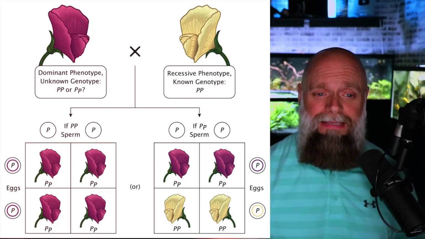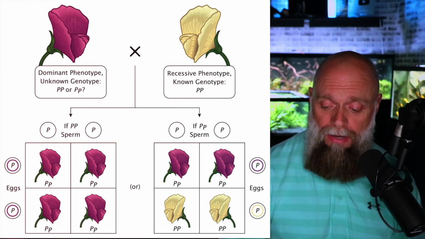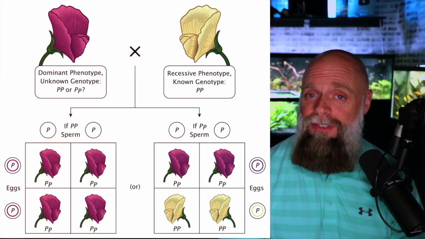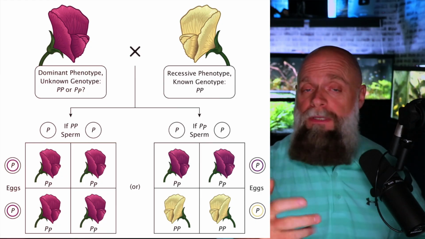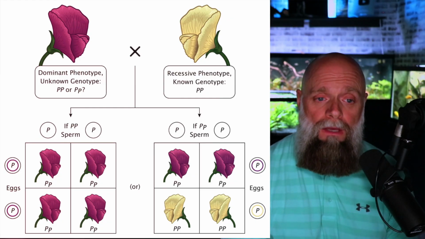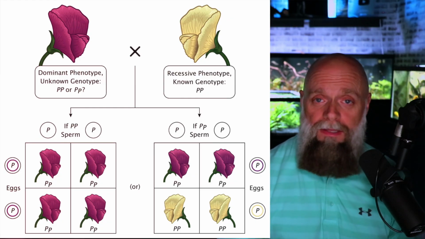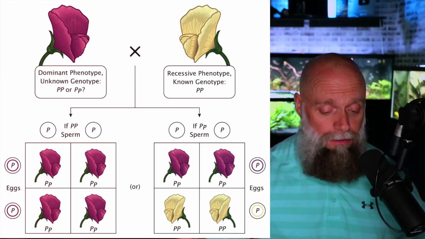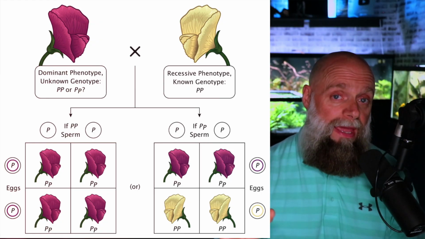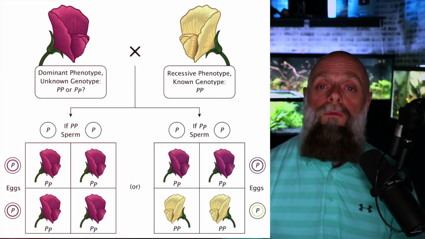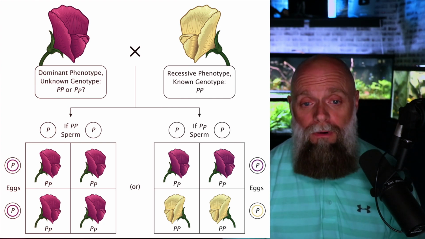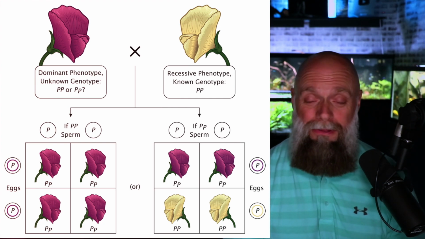Now here we've got an example of flowers, and what we're trying to do here is something called a test cross. In this particular example, let's say you've got some purple flowers, and I know it's going to be a silly example, but let's say you are a flower breeder. You grow flowers, and these purple flowers are worth a fortune. Unfortunately, the white flowers are nearly worthless. They're really common.